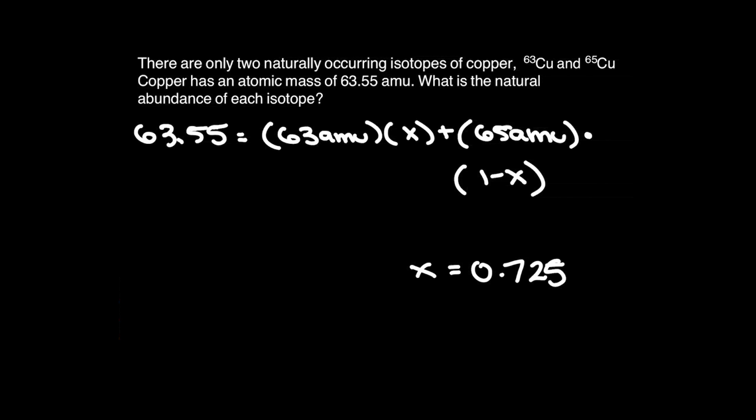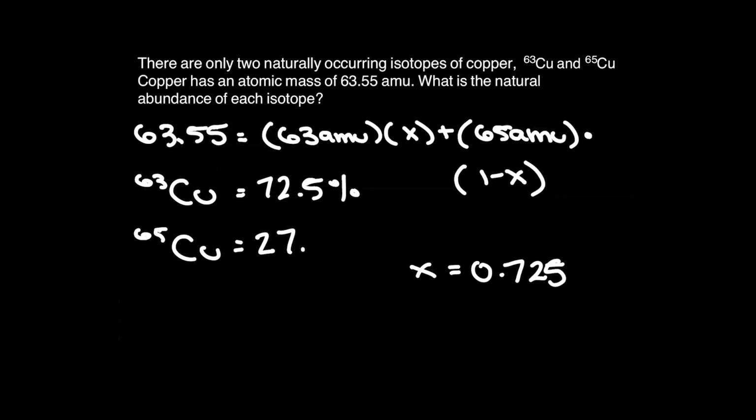So we now know that 63 copper isotope is going to have an abundance of 72.5%, and the 65 copper isotope will have an abundance of 27.5%. And these are your two final answers here.